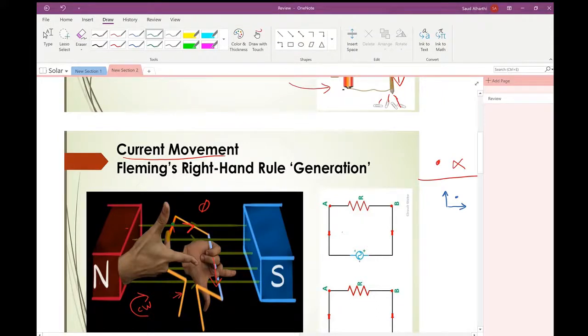If this wire comes to a vertical position and goes down, it will follow this hand. So I have flux, same direction, the coil is going down, and as I can see, the current movement is out.